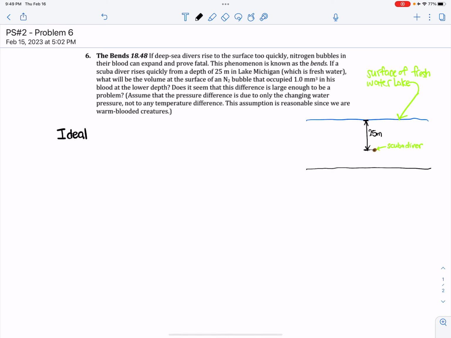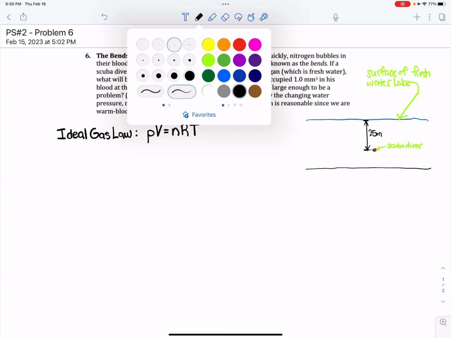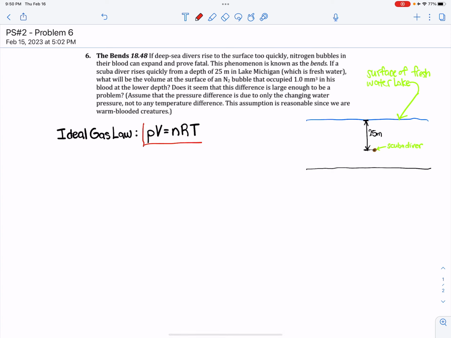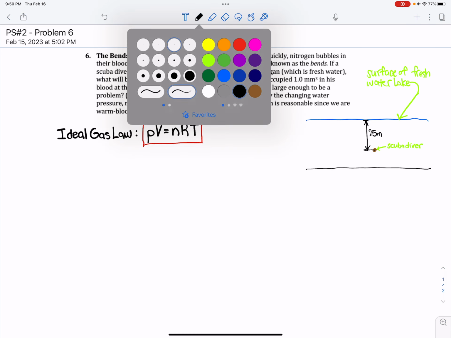And that is PV equals nRT. This equation should be in your formula sheet if it isn't already. Let's just go through it real quick.